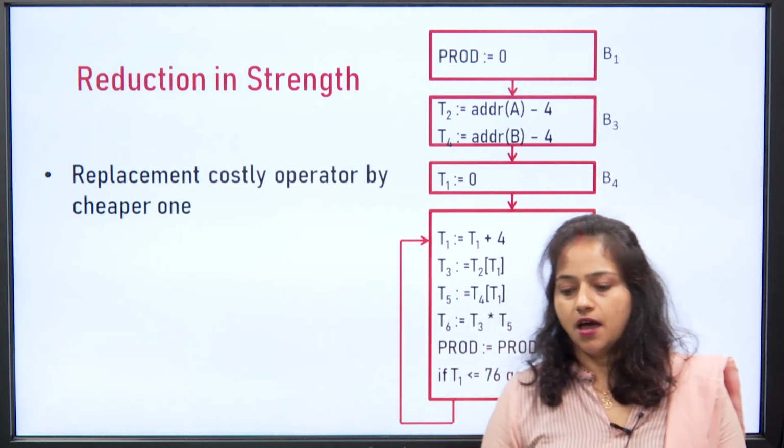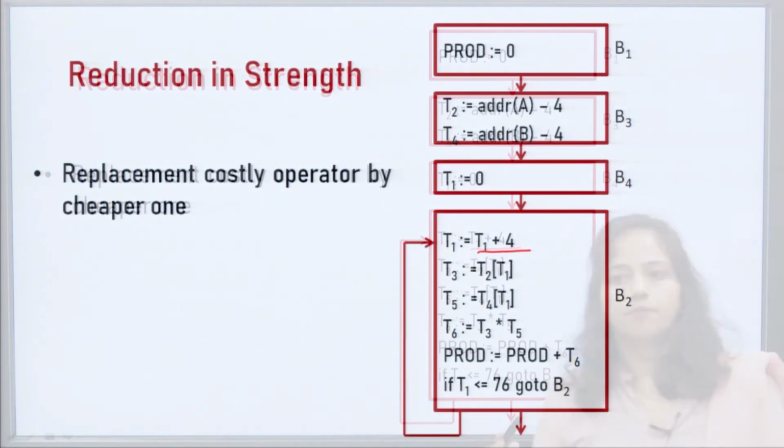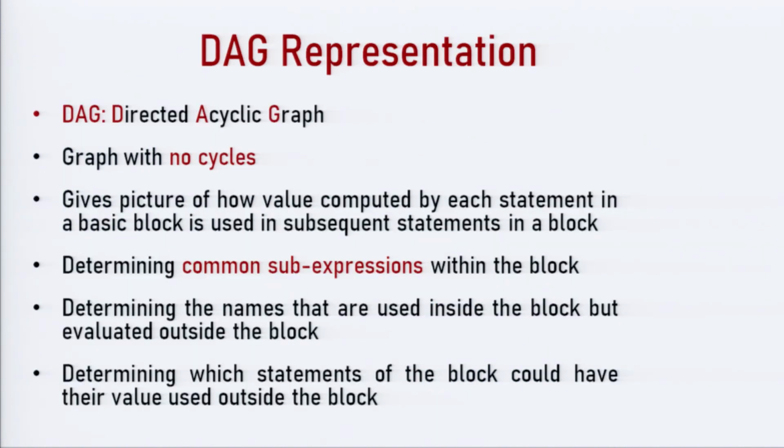So, this is the change where the multiplication has been reduced by the plus operator without changing the meaning of the computation, and this is called strength reduction. So, this is about the optimization techniques where we reduce the size of the target code.